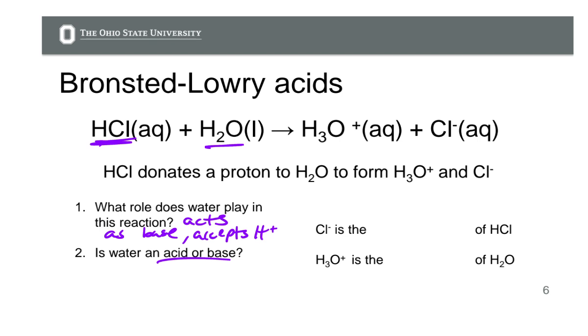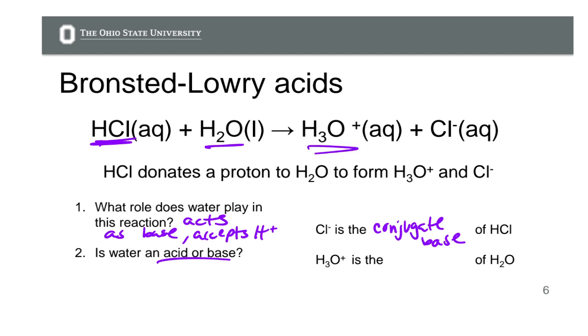So the other term that we're going to come across is conjugate base or conjugate acid. So in this reaction, chloride acts as the conjugate base of HCl. It's what is left over after the acid donates the proton. We're going to see this in a little bit more detail, but I'm including these definitions now so we start to get used to them.